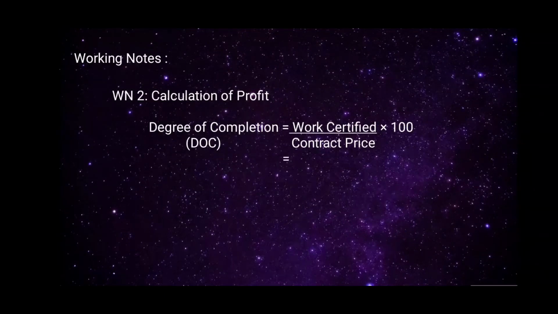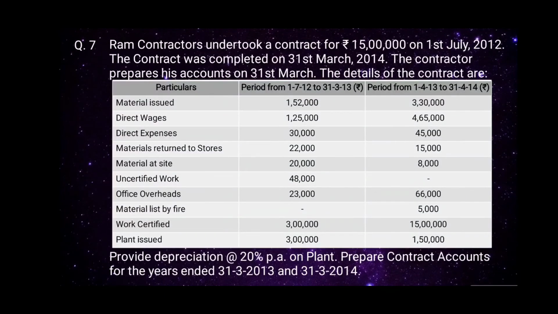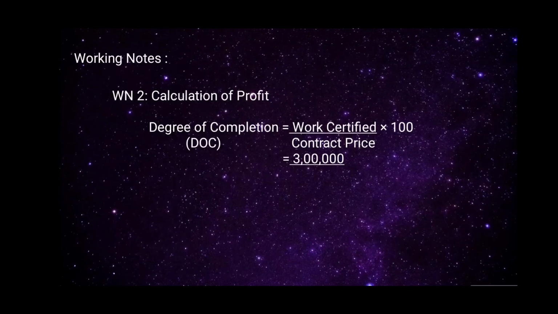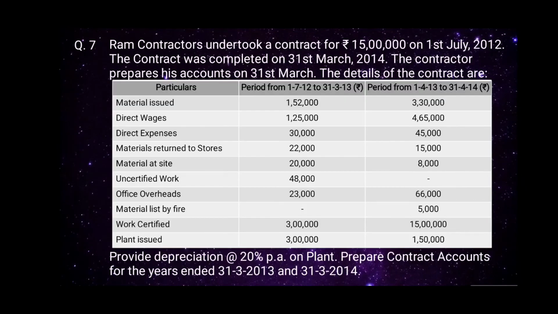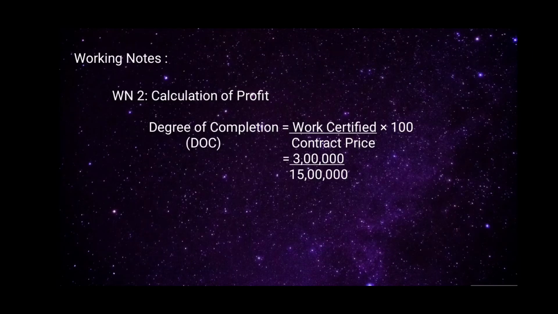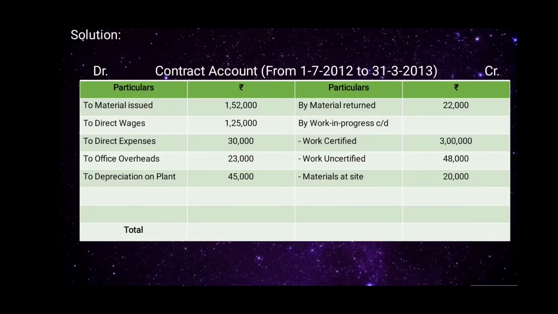Work certified amount is given as 3 lakhs, so rupees 3 lakhs divided by contract price, which is 15 lakhs, into 100, which will be equal to 20%. So the amount of profit to be transferred to profit and loss account will be nil.